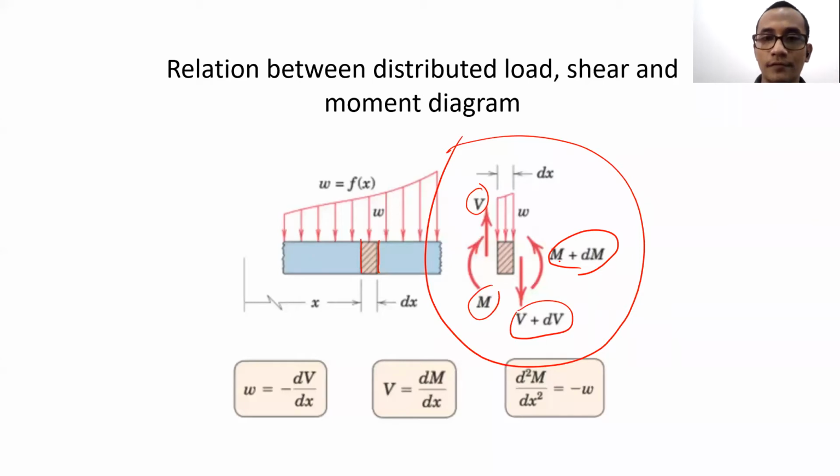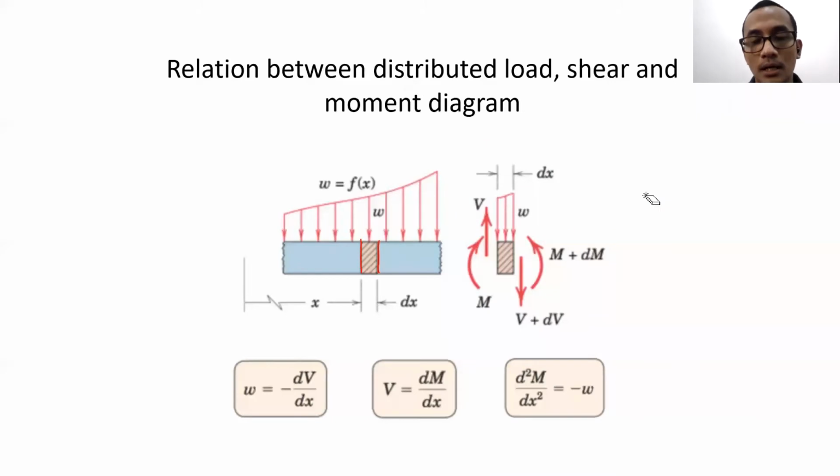The value of the shear force and the value of the moment from the left cut and the right cut is slightly different. Why is it slightly different? Because there is a W here. So there will be a slight difference there, and we assume that the shear force on the right edge is slightly bigger than on the left edge.